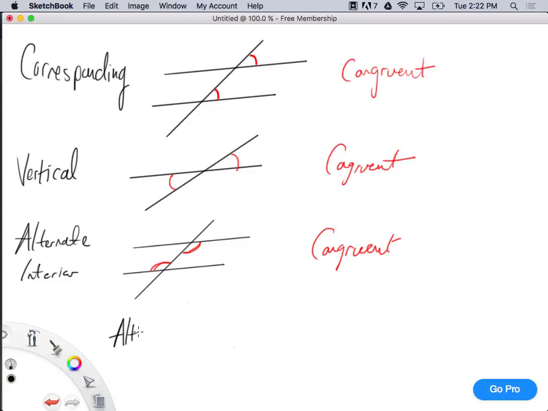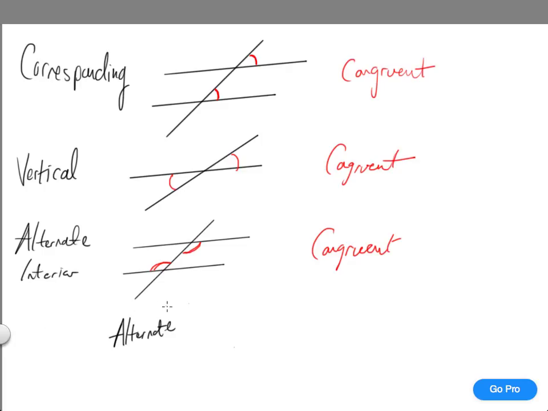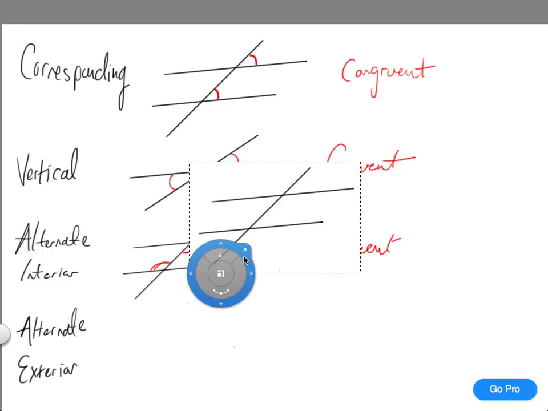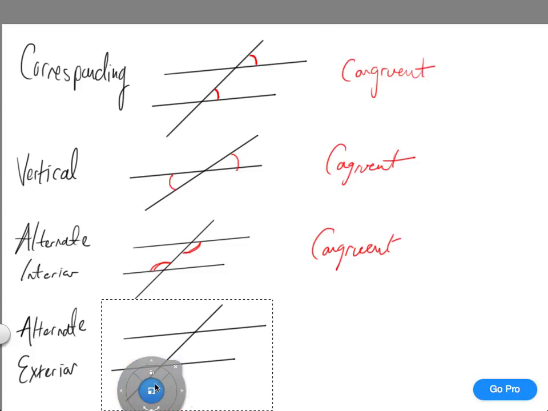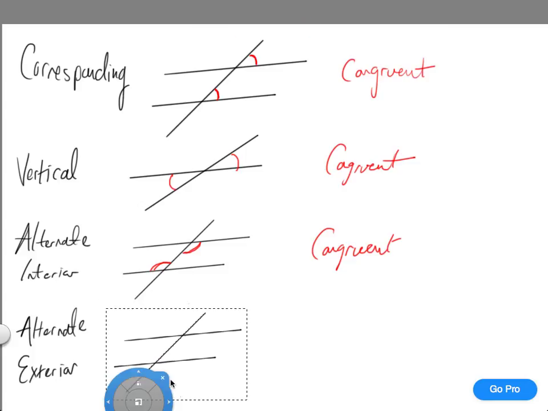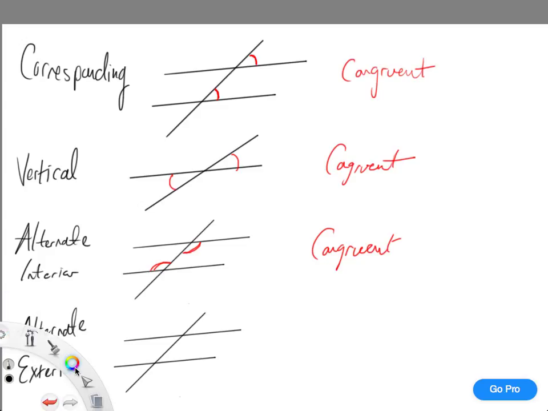Next, alternate exterior. Sounding like a broken record here, but I know about alternate exterior angles.